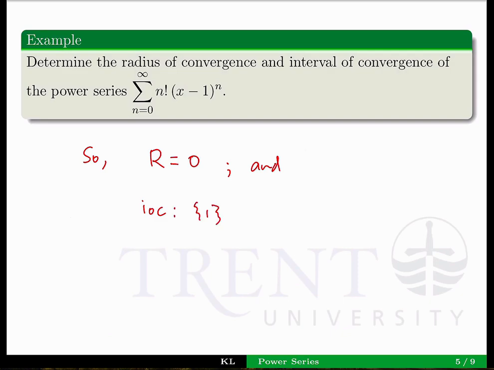Although this is not an interval, let's just say it is the interval of convergence. So this completes the solution to our problem. Again, it's similar to what we did during our last meeting, it's just that now we have terminologies to use.